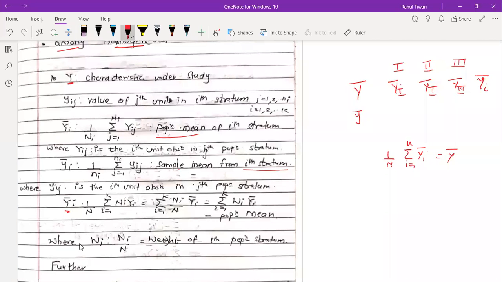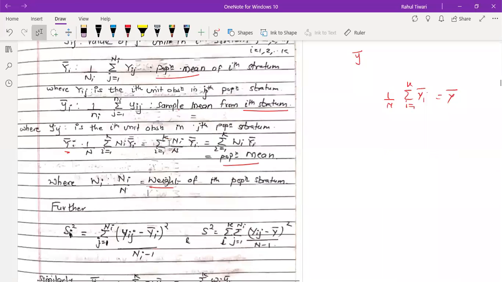So this is something like this, you can see. Okay. So 1 upon N summation Ni y bar i. Okay. And this, if you simplify, is one important result which we call population mean. So Wi is a ratio of your individual population size divided by grand population, and this is also known as the weight of the ith stratum. This is Wi. Similarly, we have a sample variance that we will discuss.